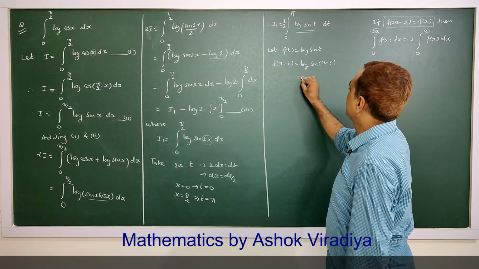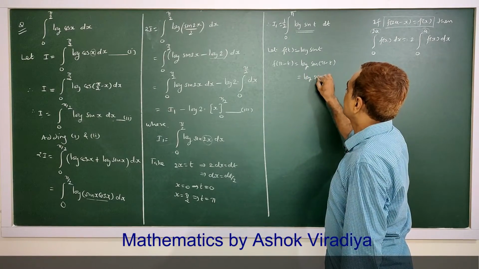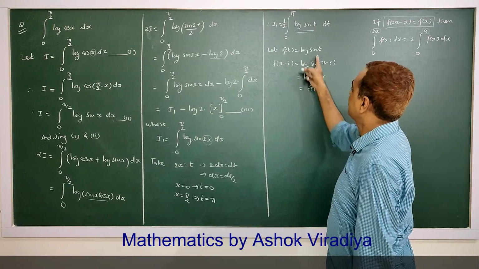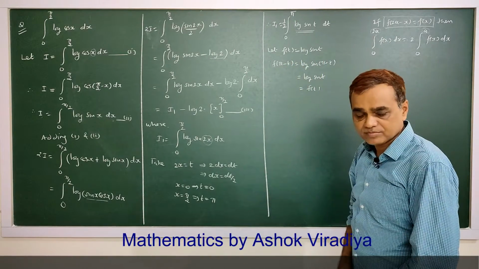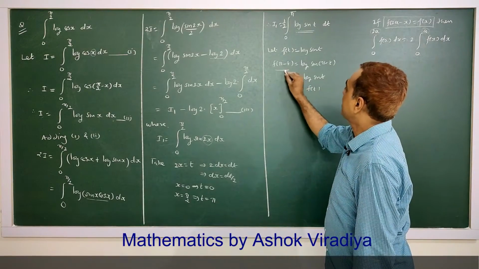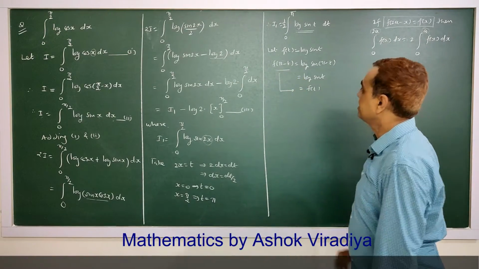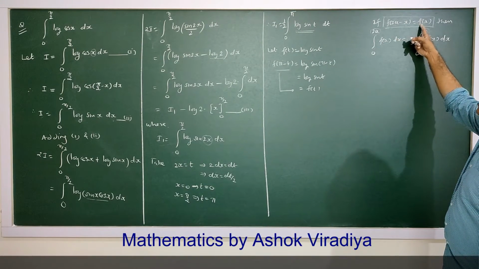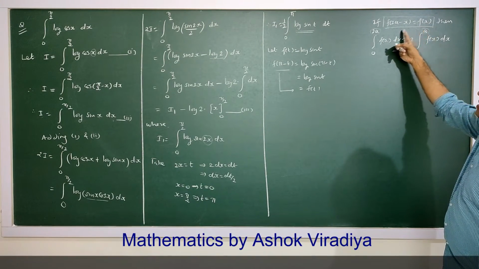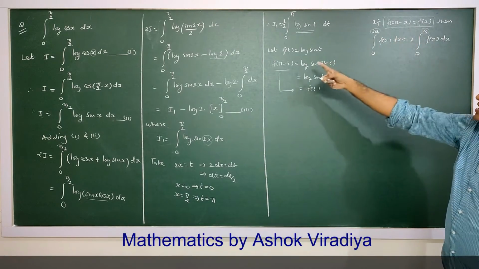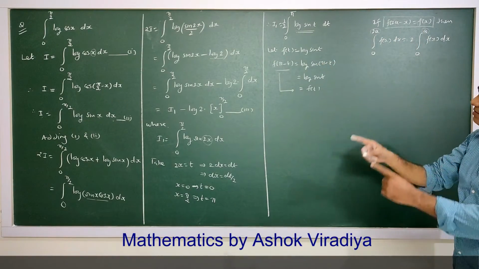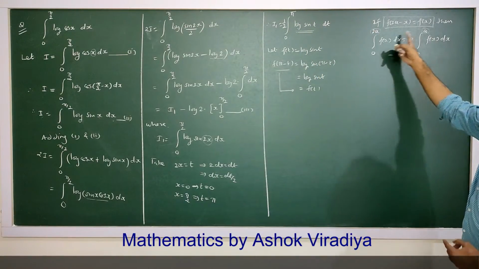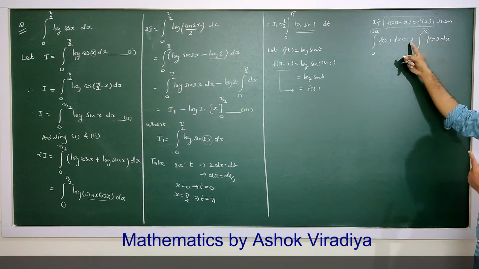It is equal to log of sin t, and this is equal to f of t. We are getting the same. So f of pi minus t is f t. F of 2a minus t is f t. This condition is satisfied here. Therefore, this will be converted into half by multiplying by 2.